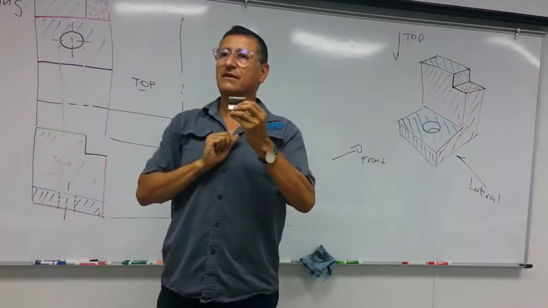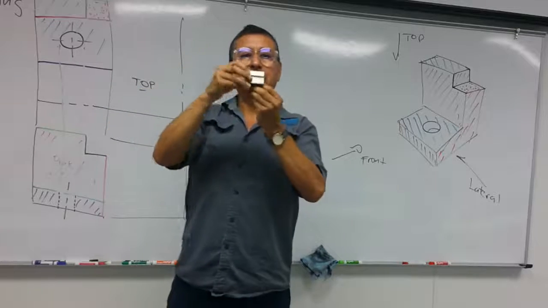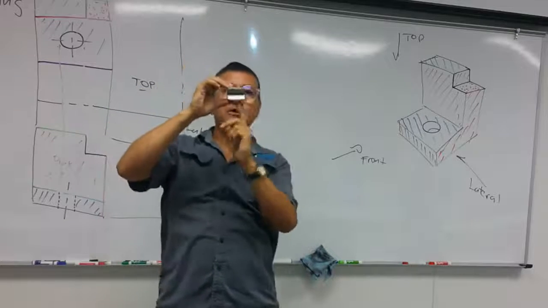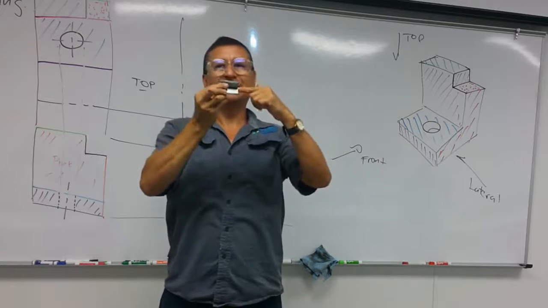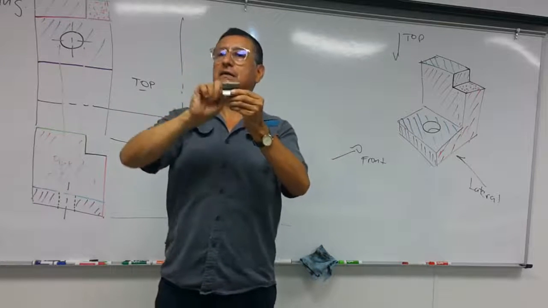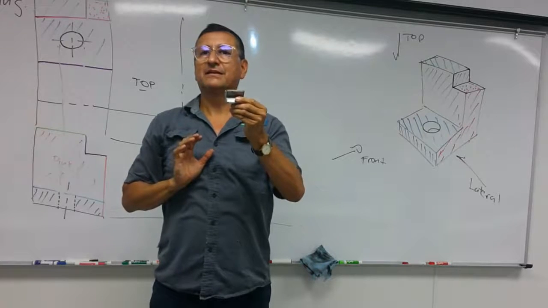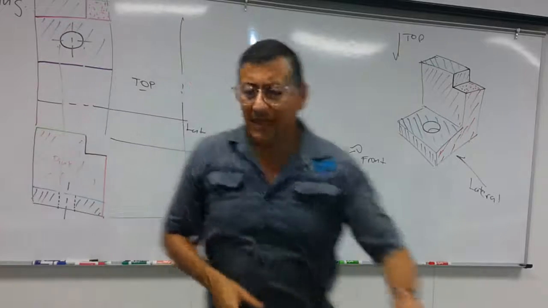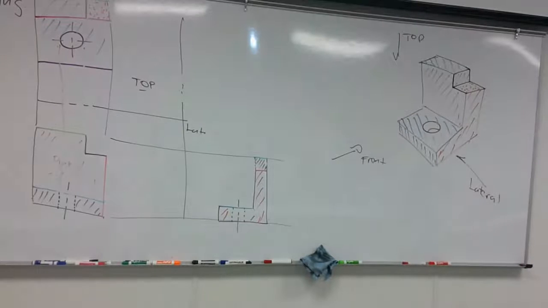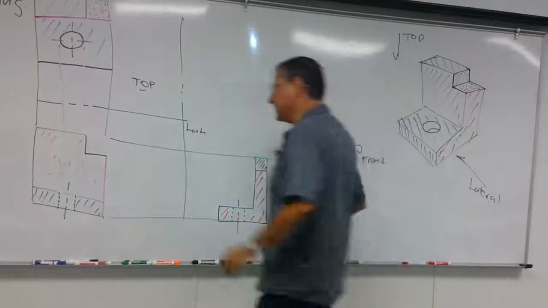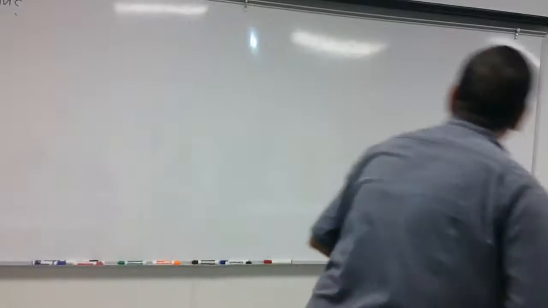You understand? Front, top, lateral, other lateral, bottom, top, right side, left side, and front and back. That's okay? Nice, no? Let me try to change to other objects. We are going to do the projection for this object. Okay, the picture is this.